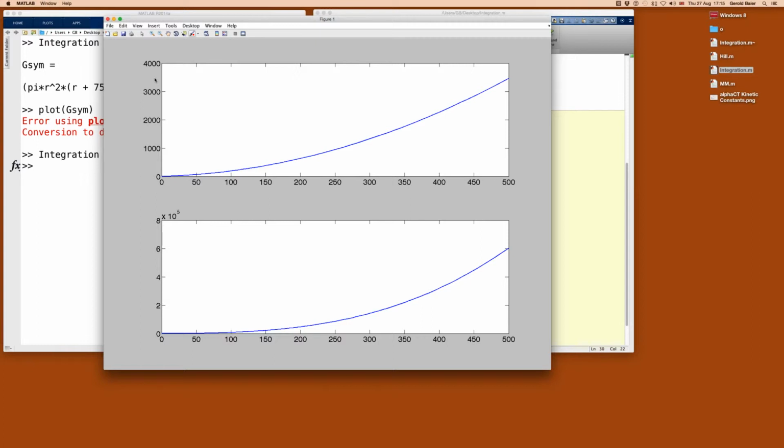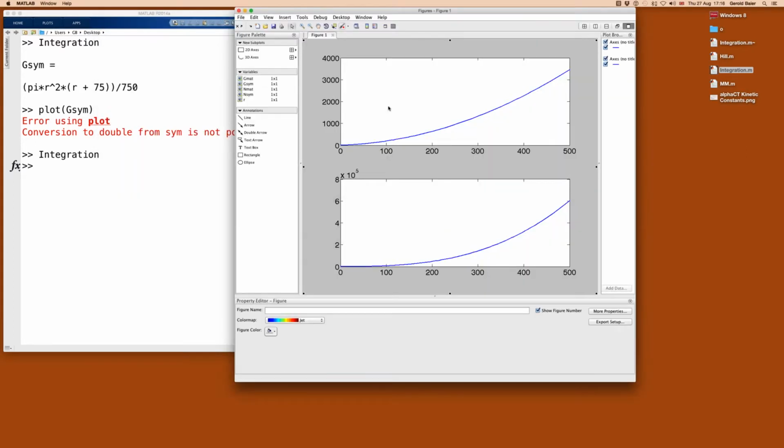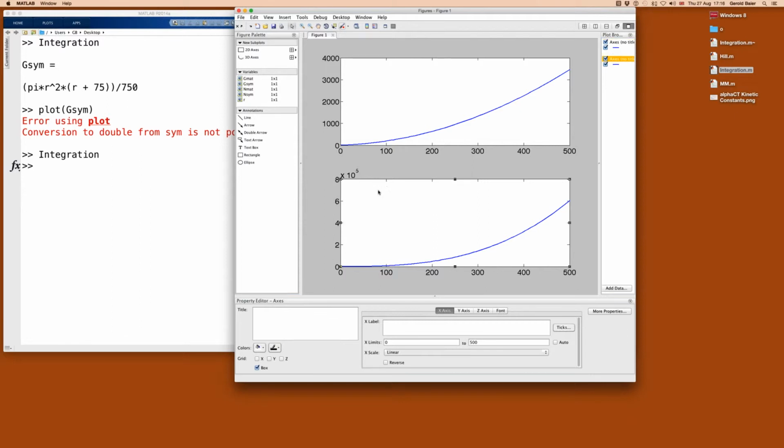Okay, so looking at the vertical axis, we can see that the integral is much larger. Of course, the area grows much faster than the circumference or the radius. And so what we could do is try to change the scale and give the same y value for the first plot.